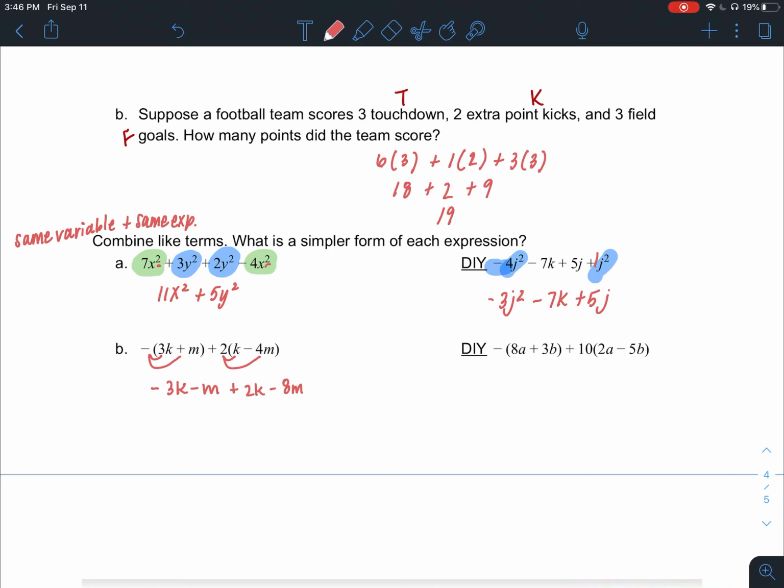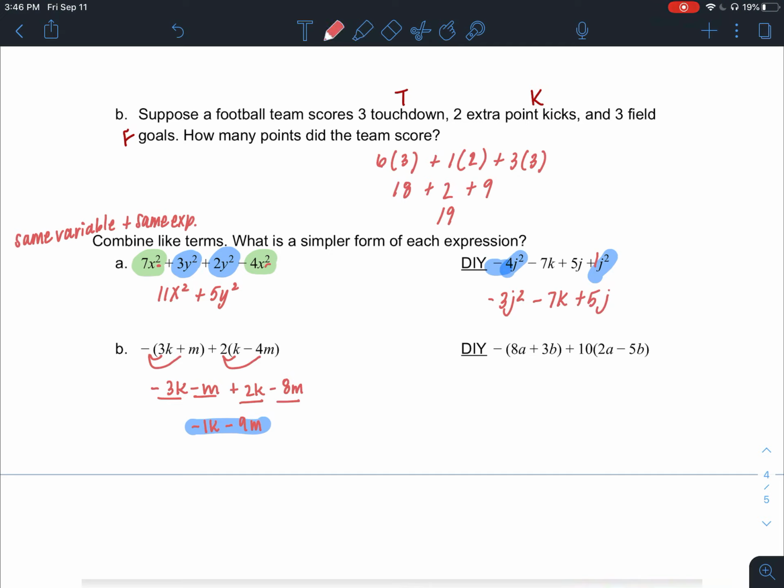And then I combine like terms. Negative 3k and 2k is just negative 1k. Negative m minus 8m is negative 9m. There's our answer. Go ahead and do the next one on your own.